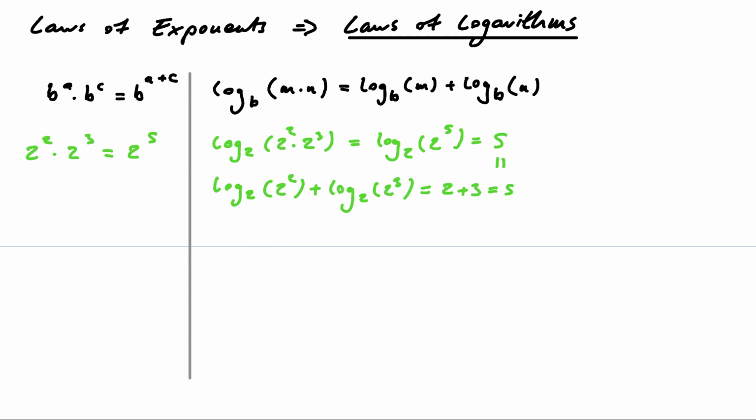So this is an important property because it will allow us to simplify expressions which may seem quite complicated, especially in calculus. So let me give you an example involving more complicated terms.